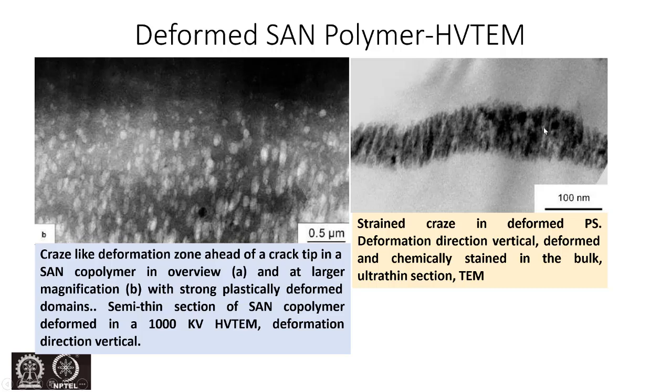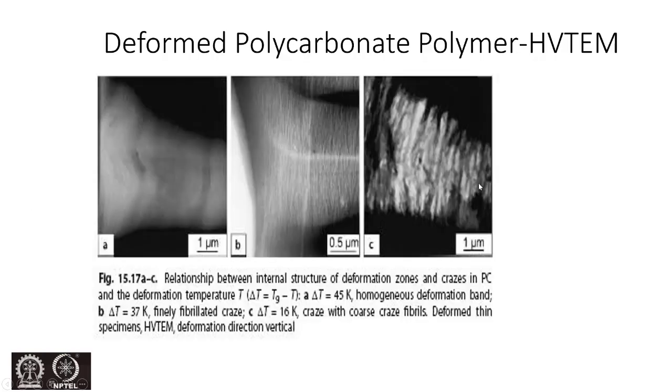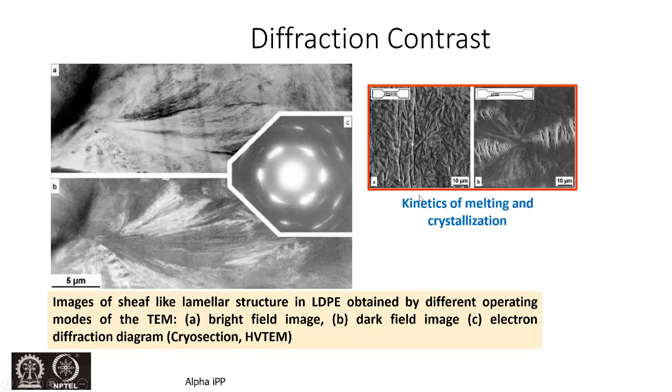You can see the crack tip and this craze-like zone over here. Then different materials like polycarbonate can be observed. This is a deformed polycarbonate, and at different magnifications you can observe the changes.